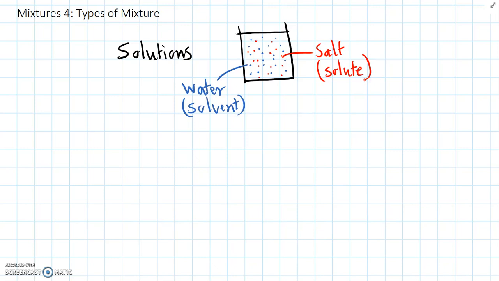But solutions are only one type of mixture, and there are lots and lots of different types of mixtures, and they depend on 3 different factors. The first one is, what state is the main material in?